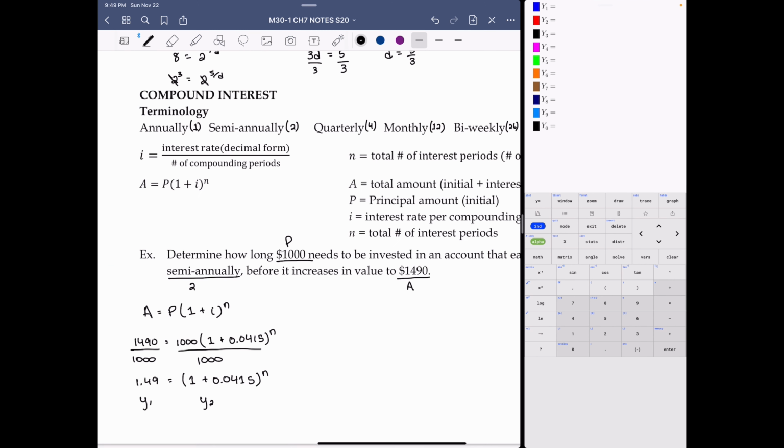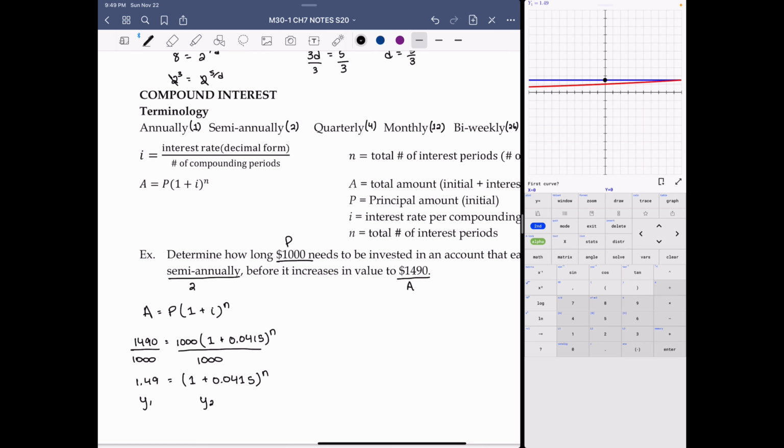So left side is 1.49, right side is (1 plus 0.0415) to the power of n, or x in this case. Graph that. We want to see the intersection point: second trace, number 5, enter, enter, enter, and it says that it is at 9.8.